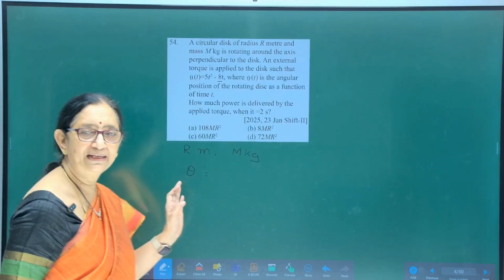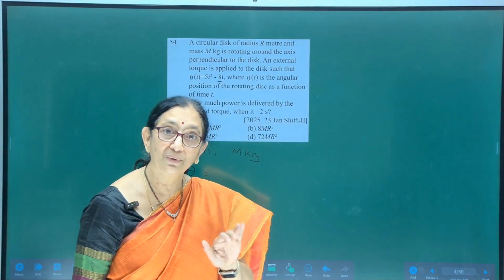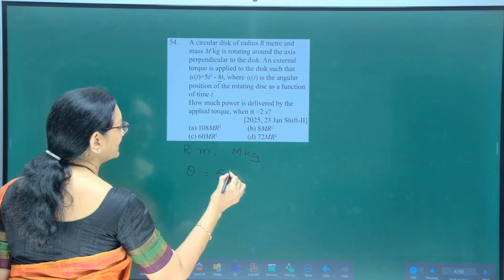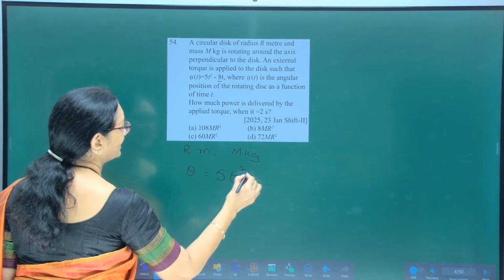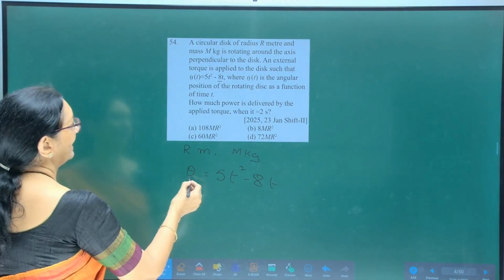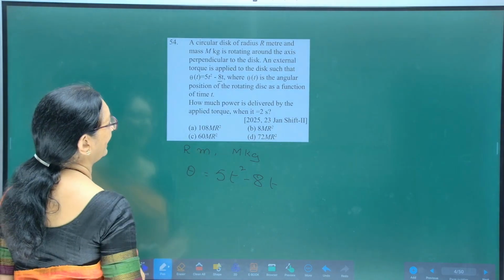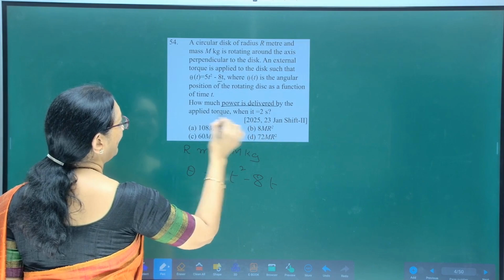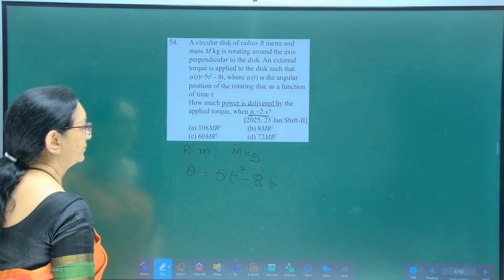The variation of angular displacement with respect to time is given as 5t square minus 8t, where theta is the angular position at any instant of time t. What is the power delivered by the applied torque in 2 seconds?